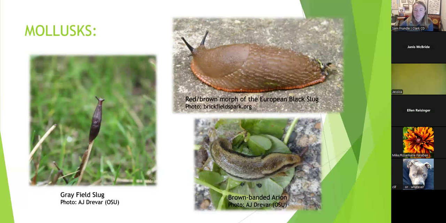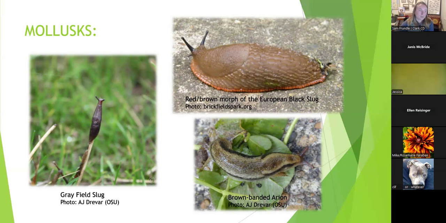Oh, one of our Pacific Northwest favorites, right? Mollusks or snails. We do have some native species, but those aren't the ones that are so bad. It's these invaded species that have come in and been able to just proliferate in our moist environment here, and they've just really taken off.